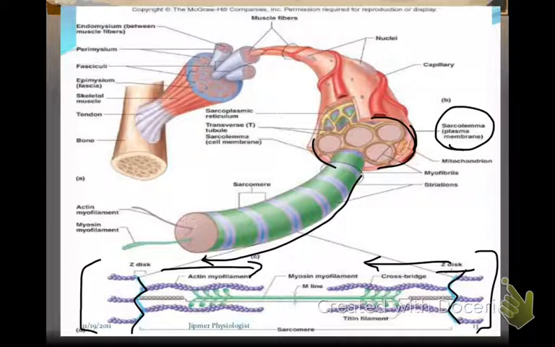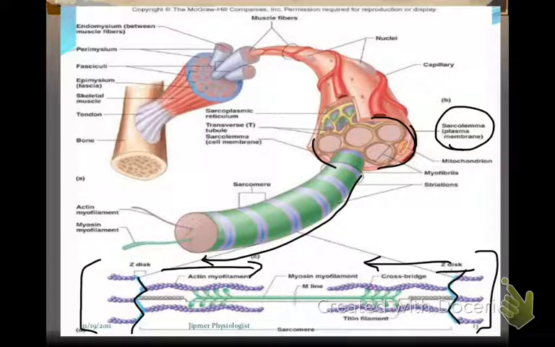I like to use my hands to do this, where I take my hands, thumbs up, and my fingers represent the thick and the thin filaments. As the degree of overlap increases between my fingers, the thick and thin filaments, my thumbs get closer together. So if my thumbs represent my Z line, my muscle here is contracted. When they go farther away, then it's relaxed. See, contracted, overlap; relaxed, less overlap.